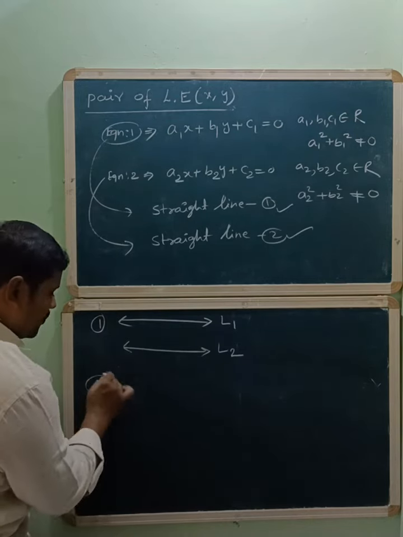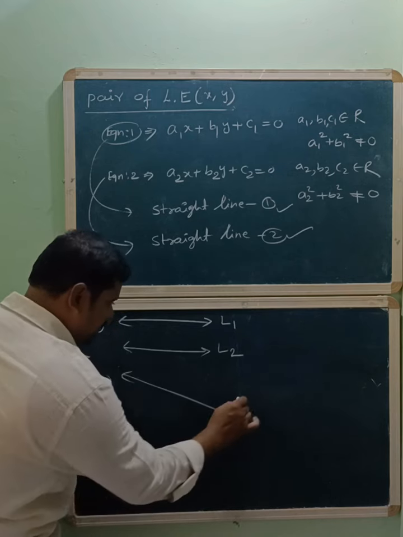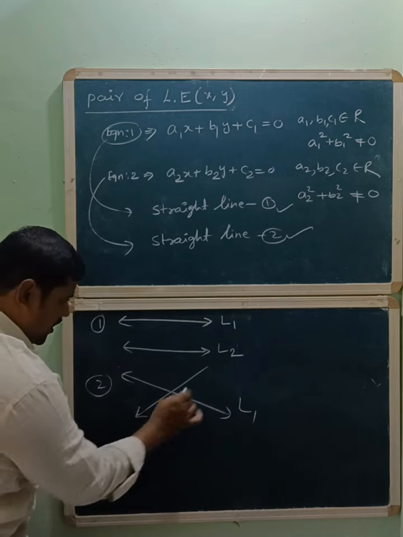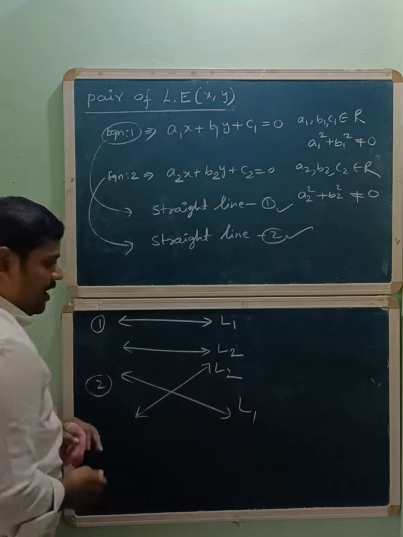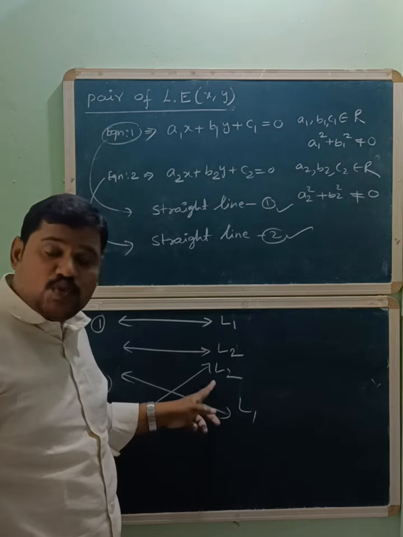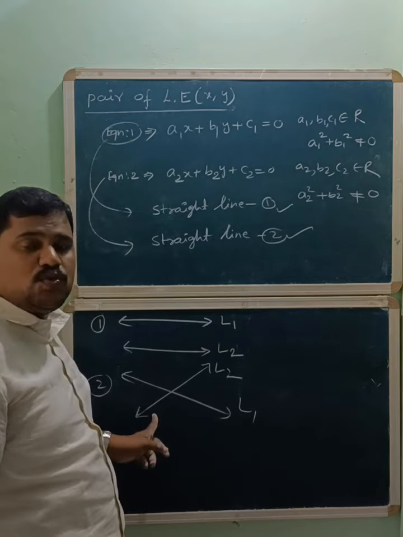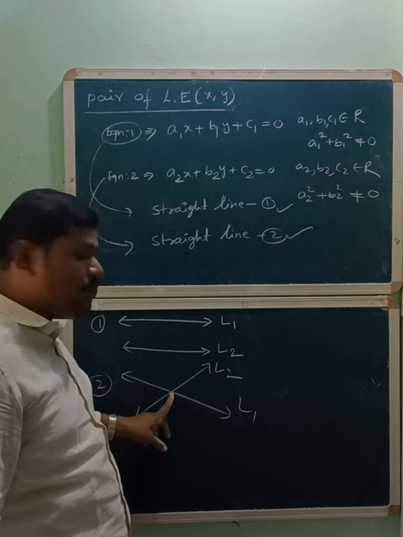Now the second one: suppose one line is like this, line 1. Now we can take another line, line 2. These two lines are intersecting at one point.